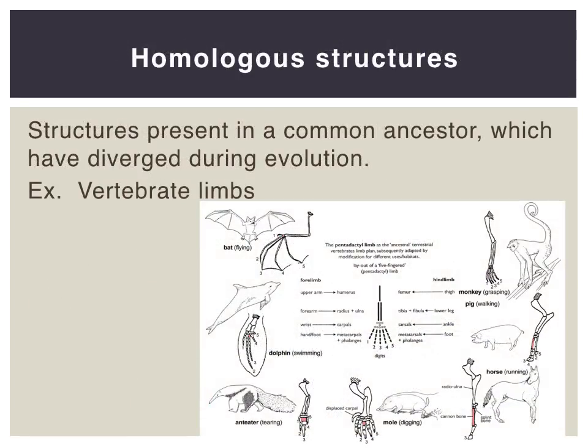Homologous structures are structures that are present in a common ancestor which have diverged during evolution. The best example is the vertebrate limb. The characteristics of the vertebrate limb are similar amongst all vertebrates. They all have the 1 bone, 2 bone, digits pattern. Whales and hummingbirds all have tetrapod skeletons that are inherited from a common ancestor.